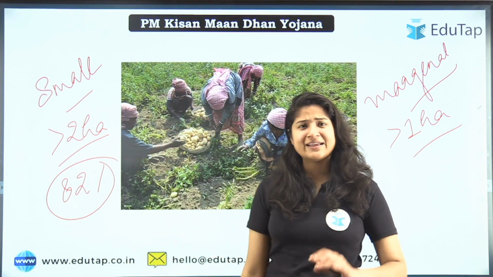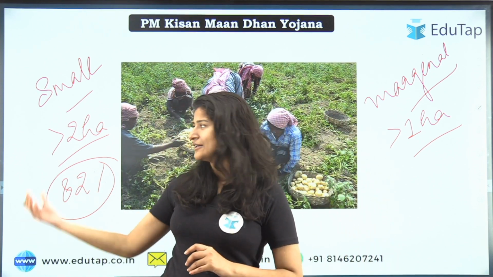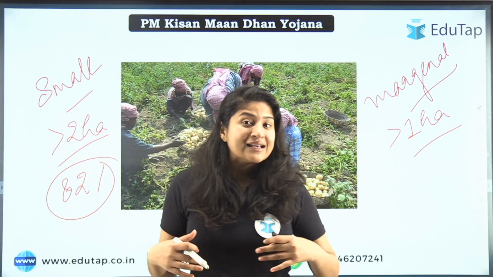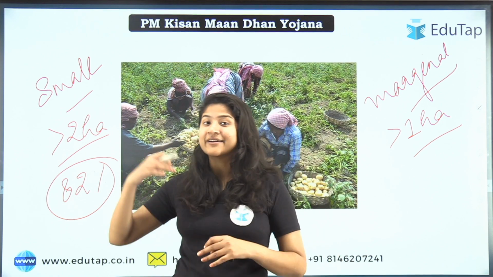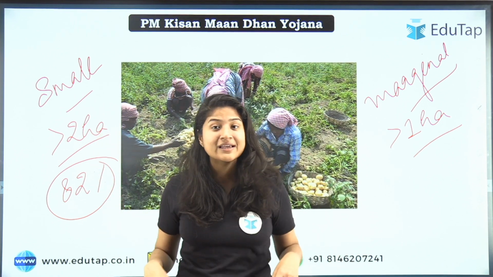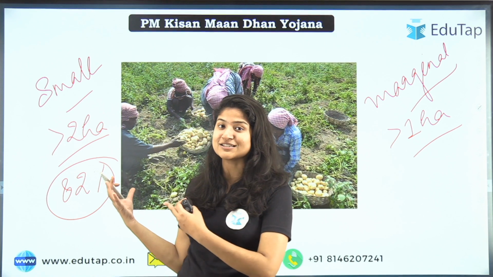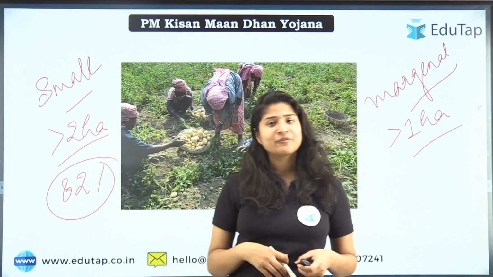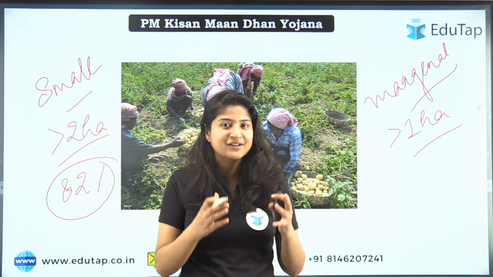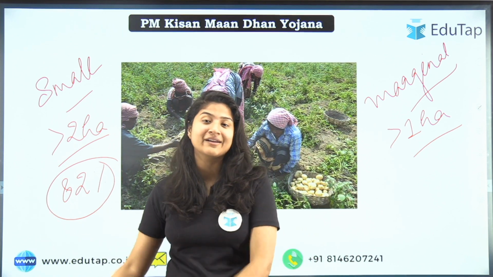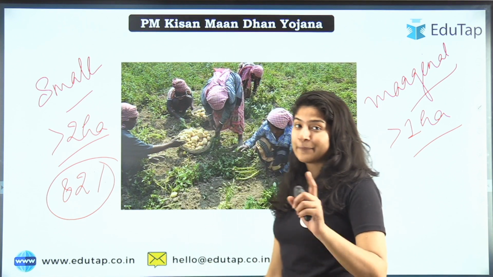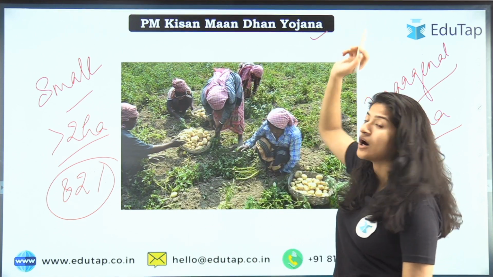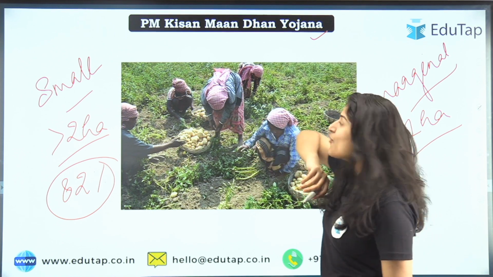Now imagine, when in daily life they do not have much to earn because of the size of their land holdings, how will they survive once they reach retirement age, when they're physically not strong enough to do agricultural work? How are they going to live? Because in daily life they have to struggle so much, there is no money left to be used in the future, right? So that is why, keeping this in mind, this particular scheme, PM Kisan Maan Dhan Yojana, was launched by the government.